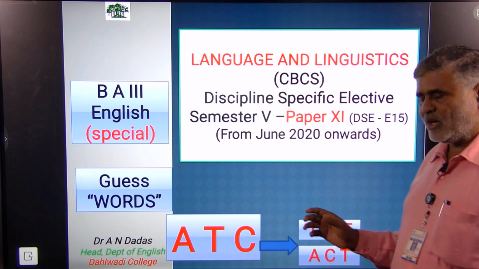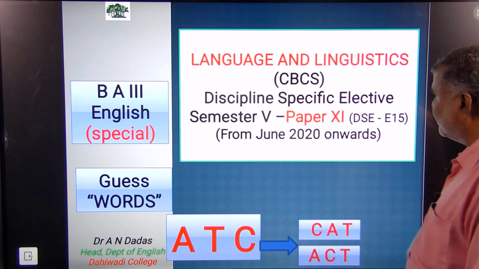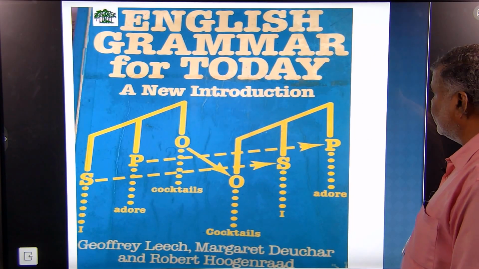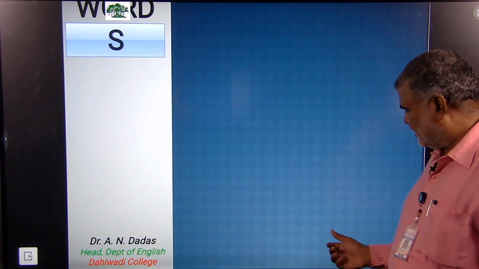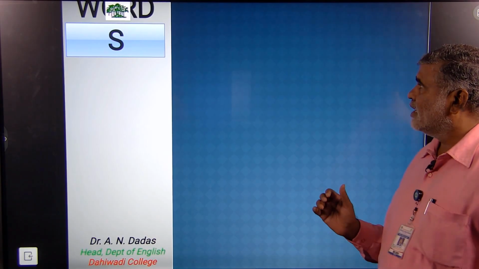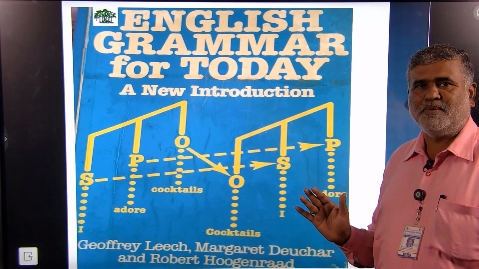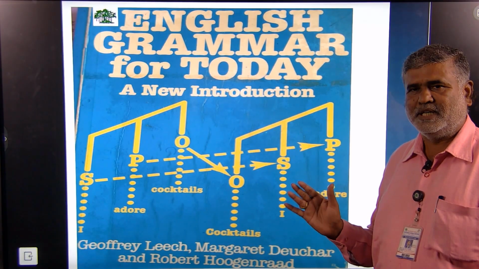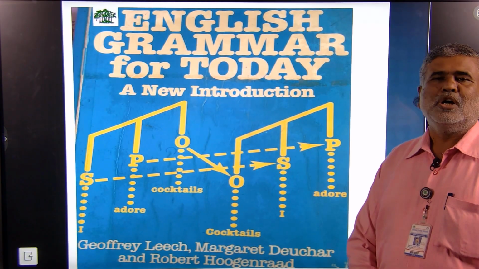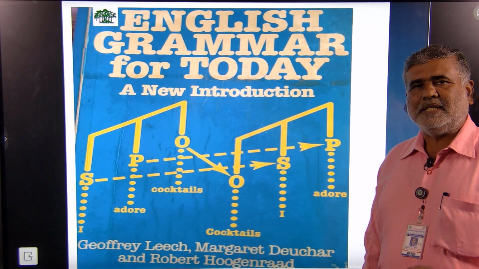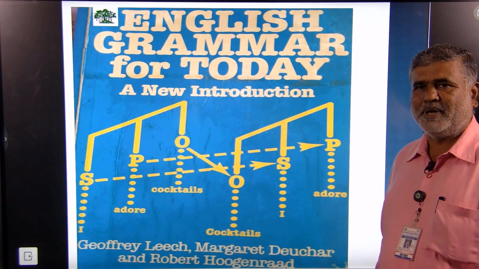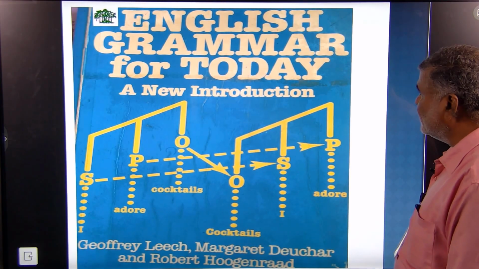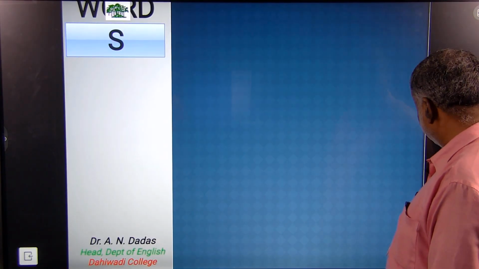So here we are going to see something about words in a proper way, and for that purpose the grammar book you have to consider as a source is English Grammar for Today, written by Geoffrey Leach and others. It is supposed to be the standard for English grammar. Now let us begin with the topic called words.